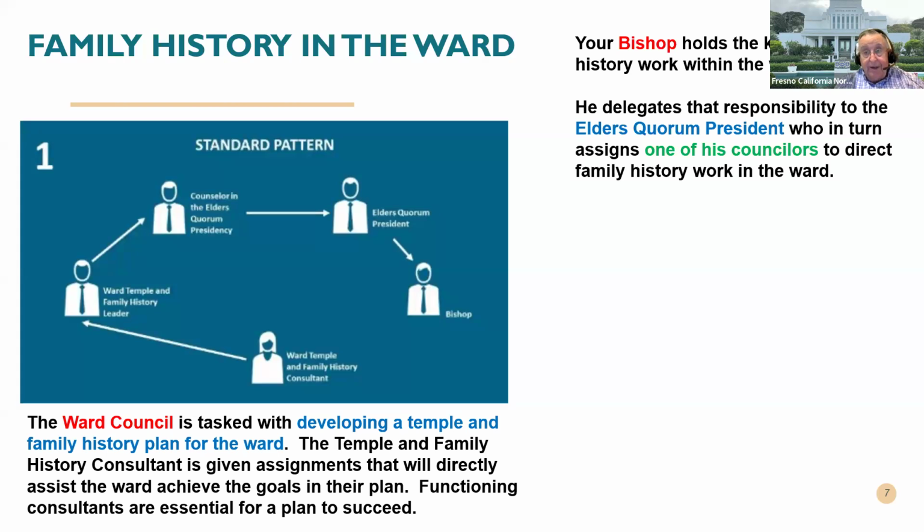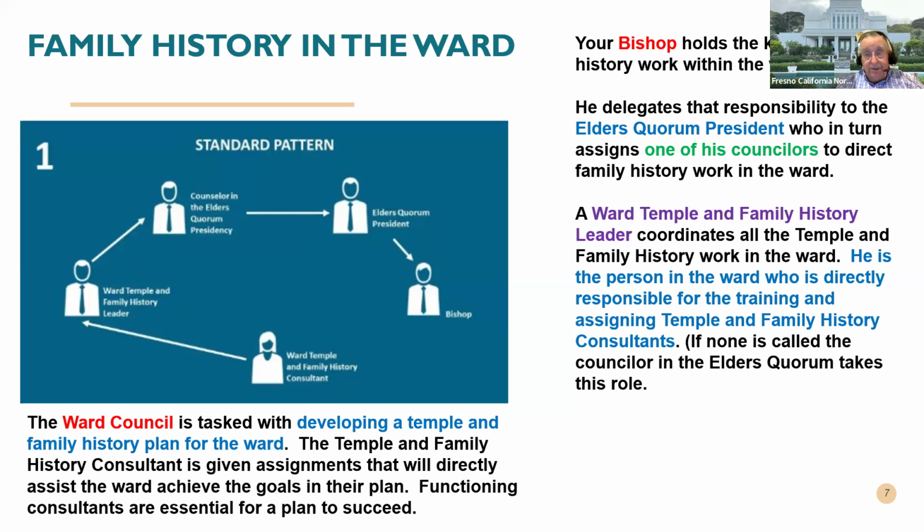He delegates that responsibility to the Elders Quorum president, who can then in turn turn it over to a counselor. If he doesn't, then he still has that responsibility. So it goes from the bishop to a member of the Elders Quorum presidency, and they in turn work with the ward, temple, and family history leader.